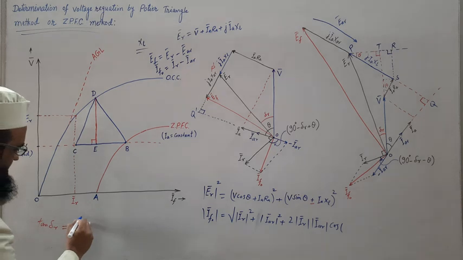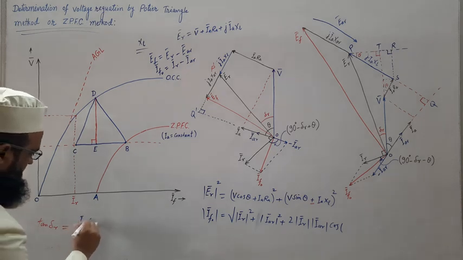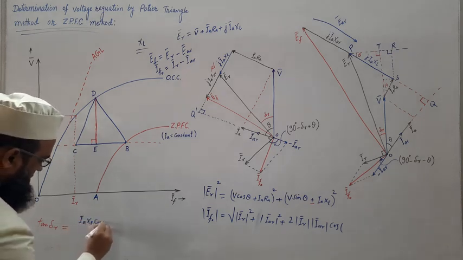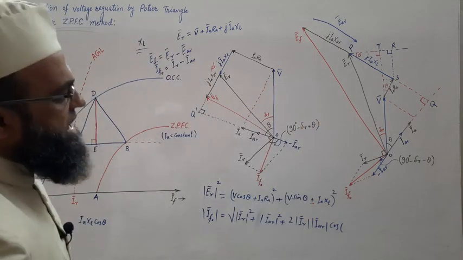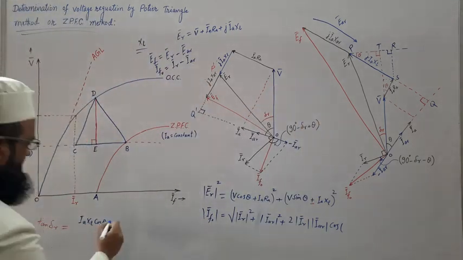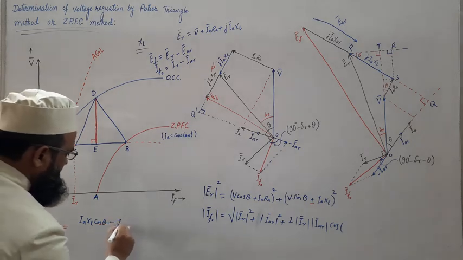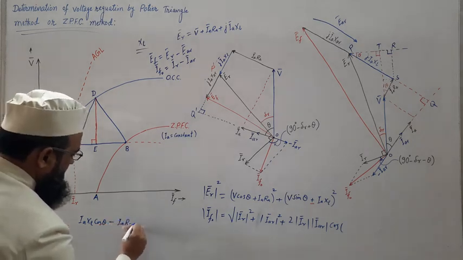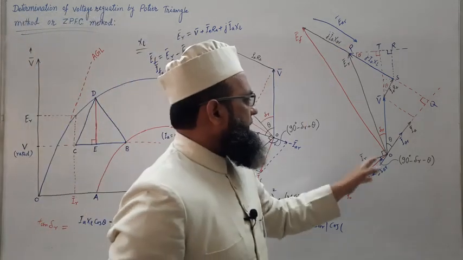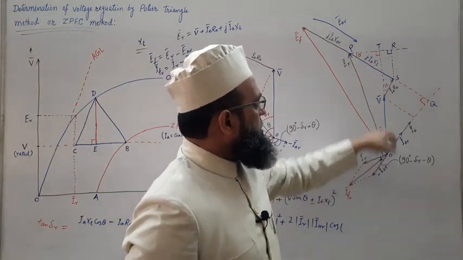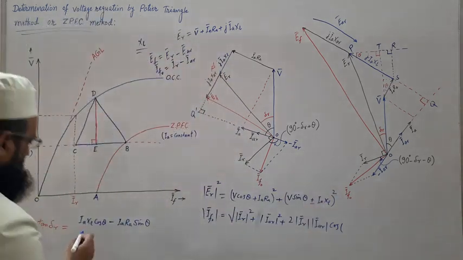I am writing here IA XL cos theta minus IA RA sin theta. This is PT. So tan delta R will be PT upon OT. So write down OT.